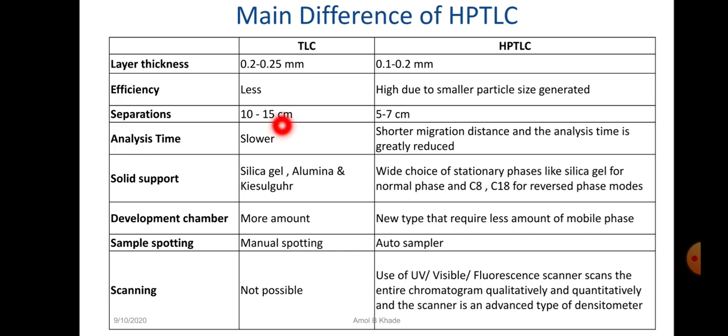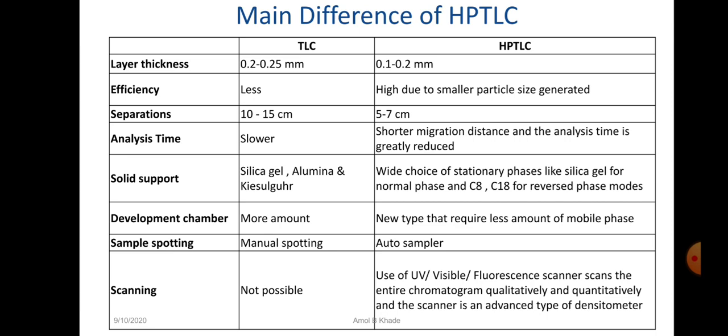When we talk about efficiency, TLC is less efficient, whereas HPTLC is highly efficient due to the smaller particle size. Not only is the stationary phase finely coated, with a thickness less than what we have in TLC, but the particle size of the stationary phase is also even smaller.